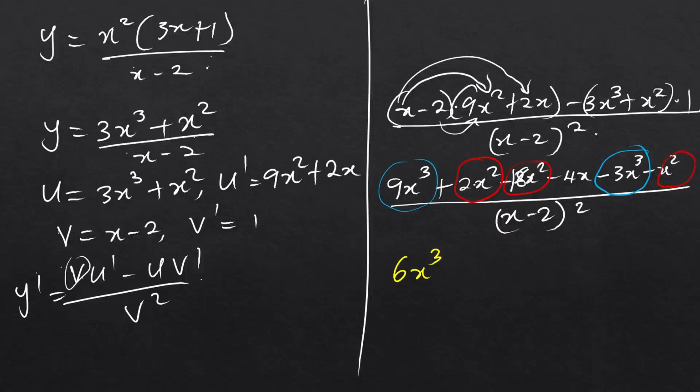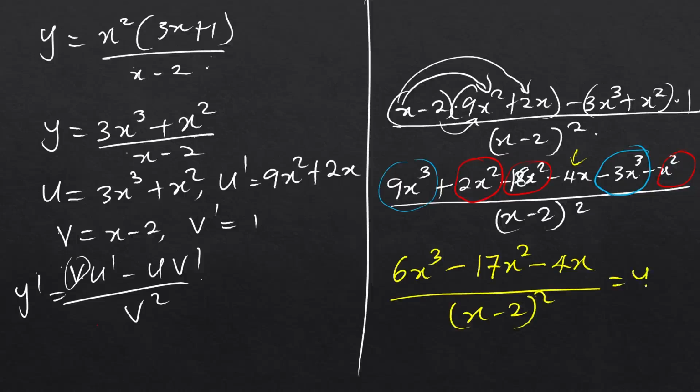Now we have plus 2x squared and minus 18x squared; 2 minus 18 is minus 16. Minus 16 minus 1 is going to be minus 17x squared. And the final thing we have is this one, which is alone and does not have a like term, so I'm bringing it down, which is minus 4x, all over x minus 2 all squared. Everything is equal to y prime.